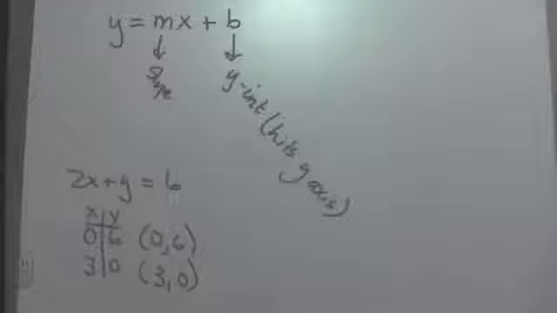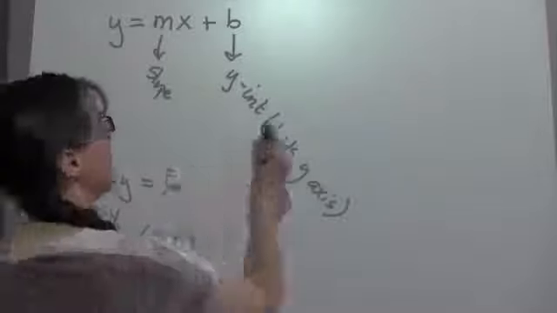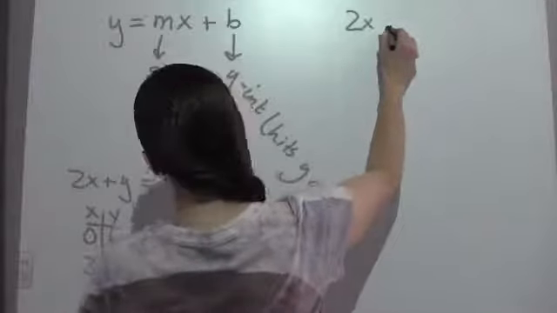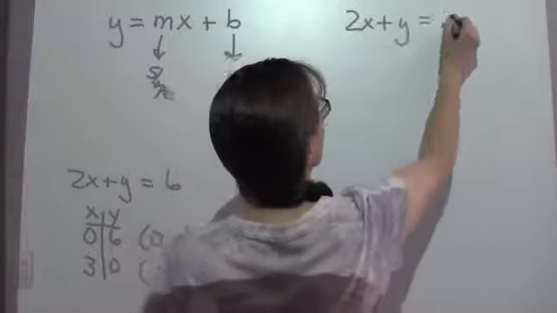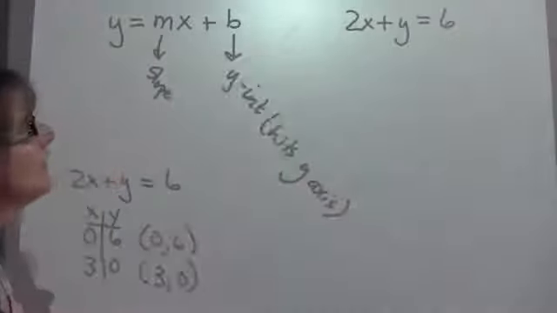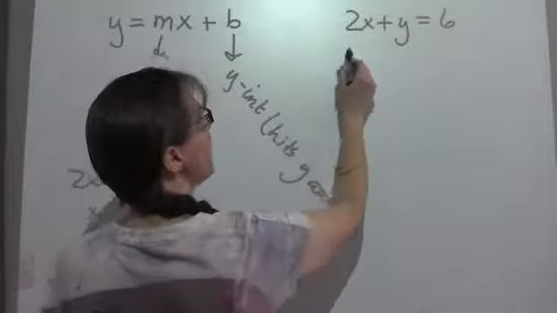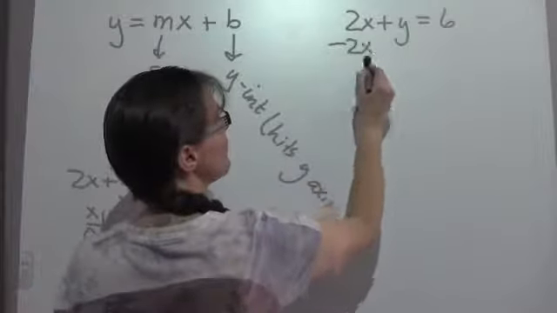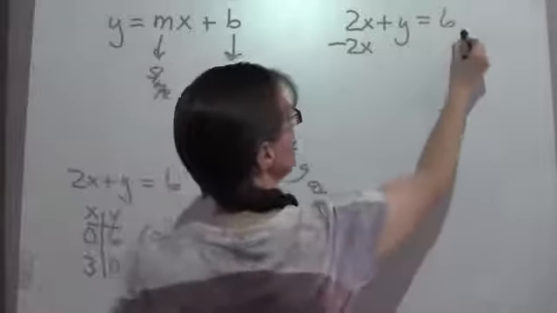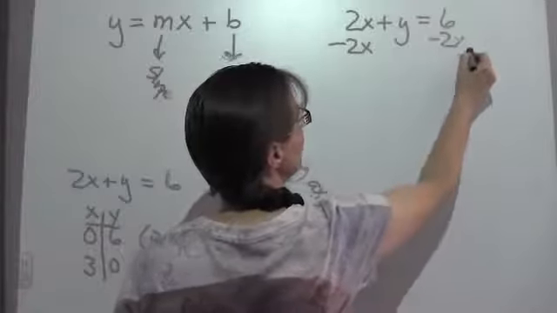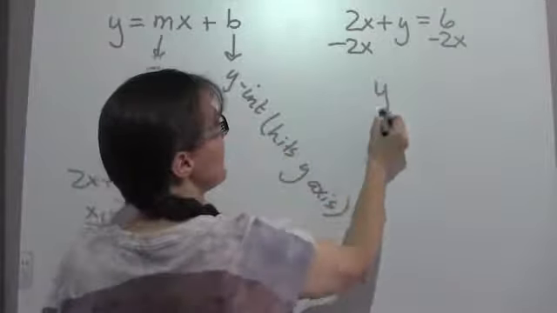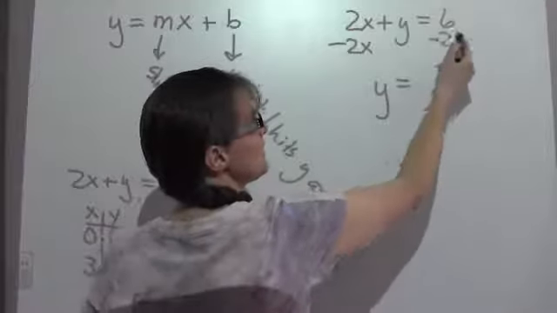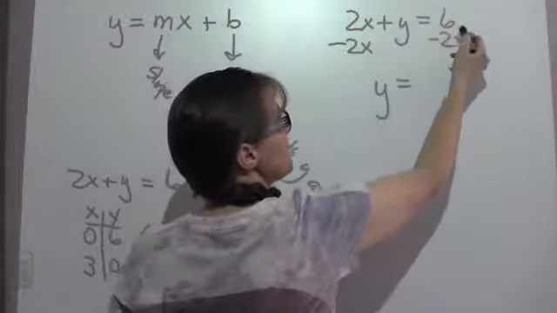Well, another option is to just simply get y by itself. So here I have 2x plus y equals 6. That means that I need to take off the 2x. Whatever I do to one side, I need to do to the other. And that's going to give me y equals. Notice that these are x's and this is a number.